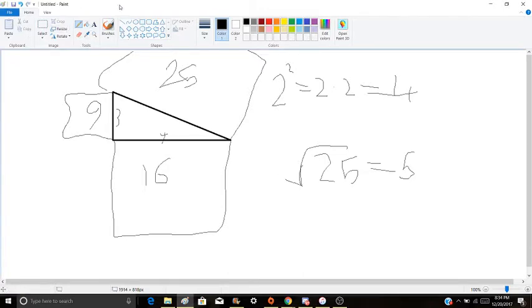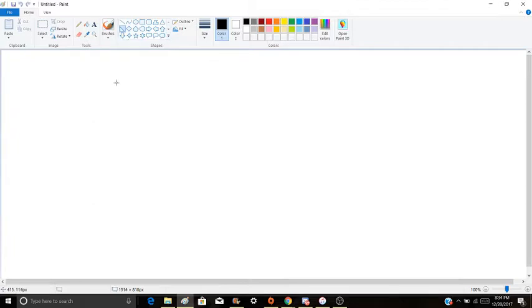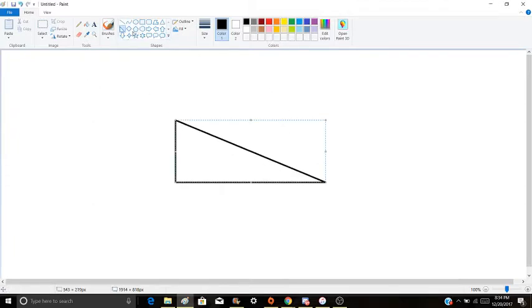Some other cool right triangles: a 5, 12, 13. So 5 here is the size of this leg, and then 12 here. 5 squared is 25, plus 12 squared is 144.